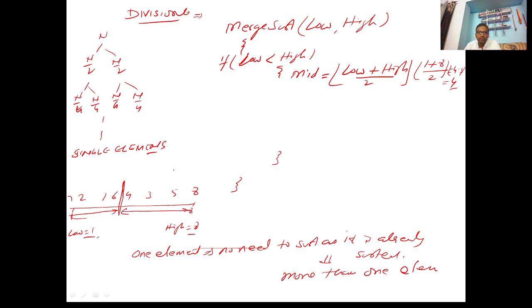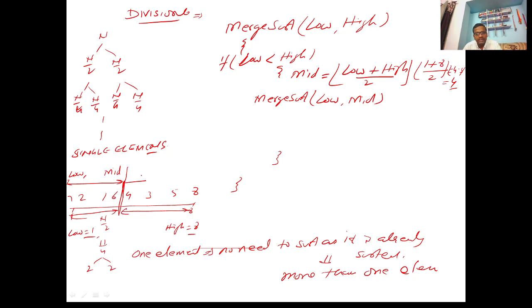Now we need to divide the list further. These lists containing n upon 2, or 4, elements each are expected to be divided into two lists each containing 2 elements. The statement responsible for this division is a recursive call to merge sort with two arguments, low and mid, because this left list starts from low and ends at mid.